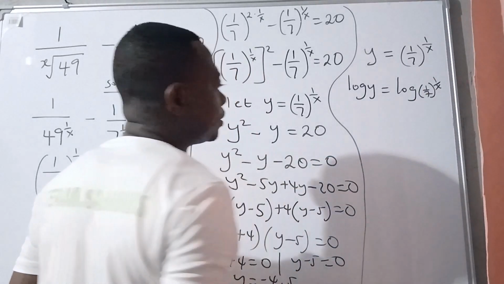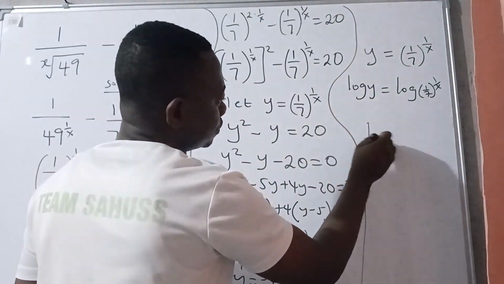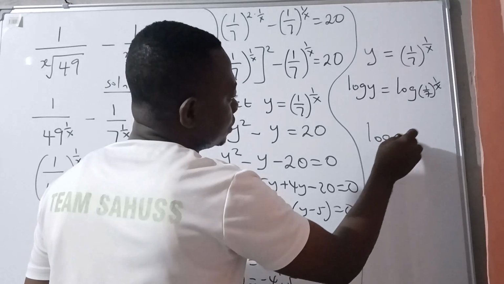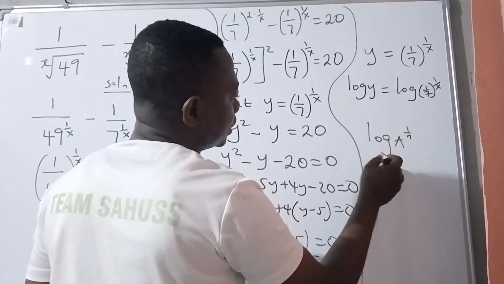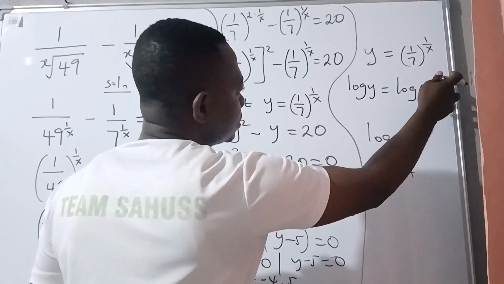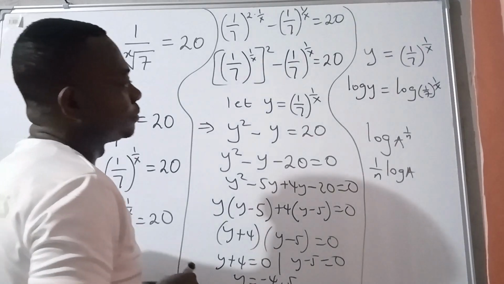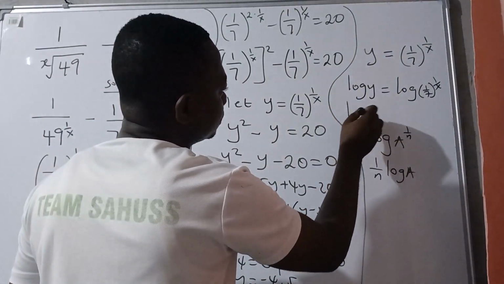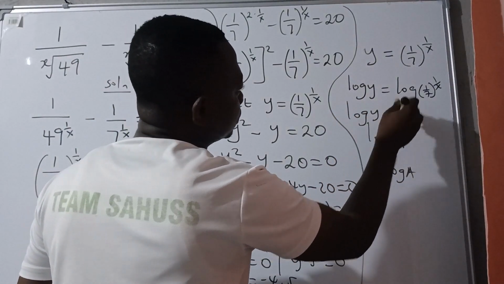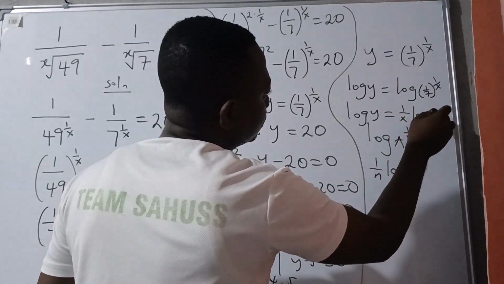So this one is a power rule. Under logarithm, log a raised to 1 on n is 1 on n log a. And we have similar one here. So 1 over x will come behind. So we have log y equals to 1 over x log 1 over 7.